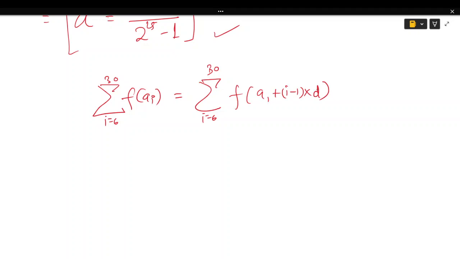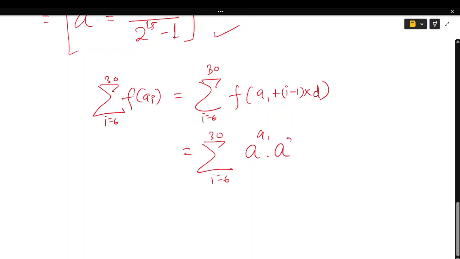Again, using the function a to the power x, in place of x we replace it by a1 plus (i minus 1) into d. Again, one can use this exponent rule, so it can be written as a to the power a1 multiplied by a to the power (i minus 1) into d. Now (i minus 1) into d can be rewritten as (a to the power d) whole to the power i minus 1, right?